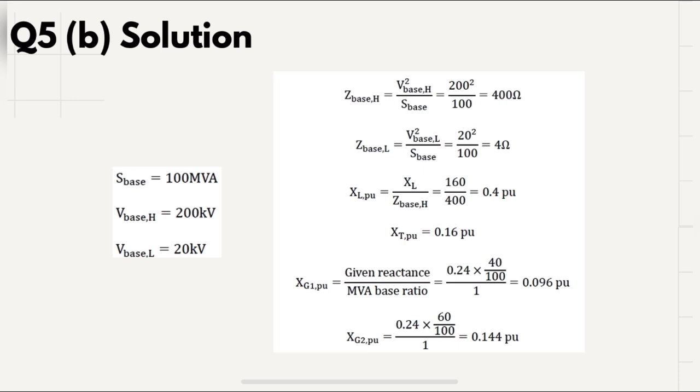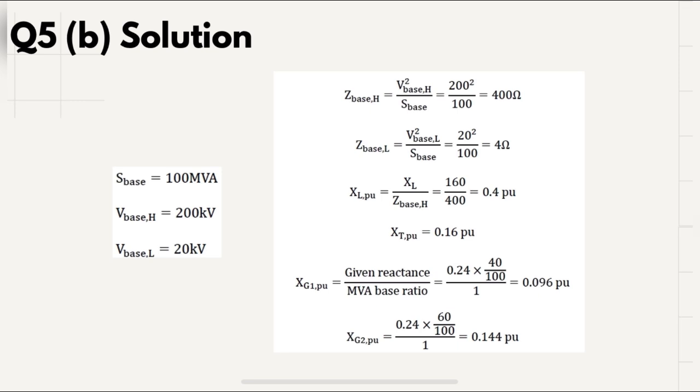And for the base impedance on the low voltage side, by using the 20 kilovolt, we will get 4 ohm. And the next one, for the line impedance, by using the formula XL over Z base on the high side, we will get 0.4 pu.